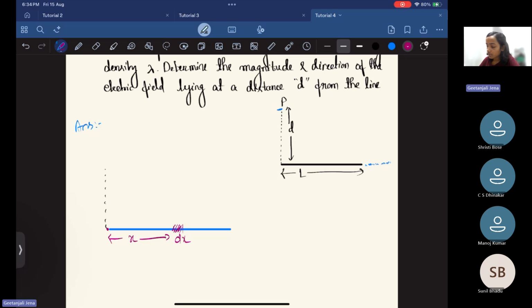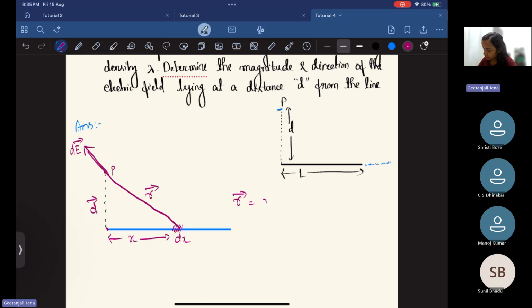Because of this charge element, you will have an electric field at the point here. We are calculating the field at the point B. This will produce an electric field dE. Let us say this is R, this is d.